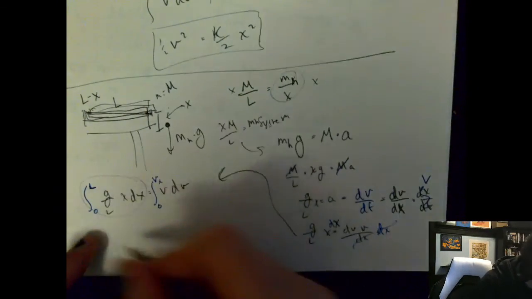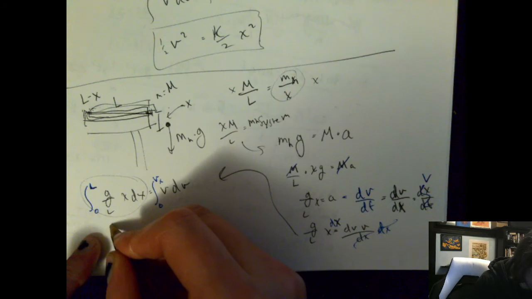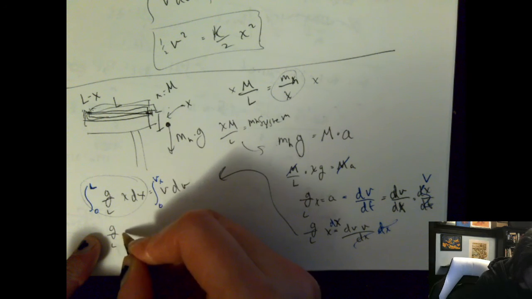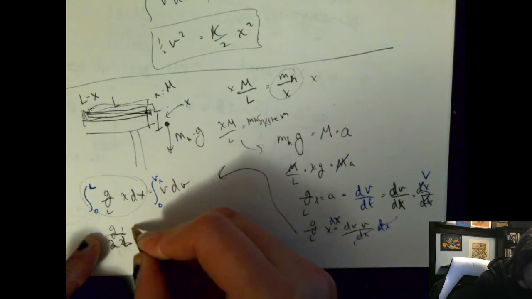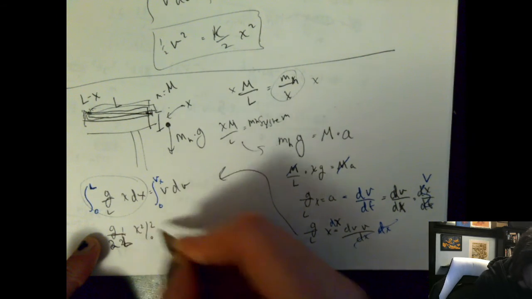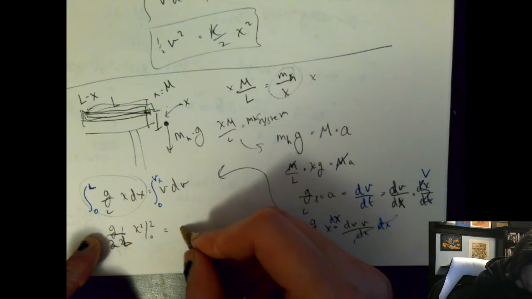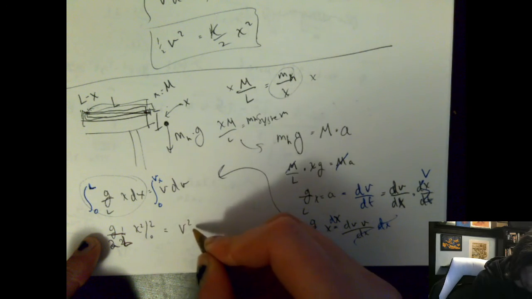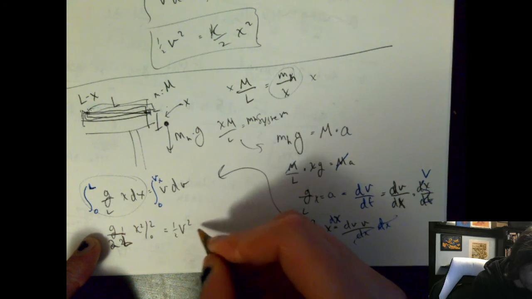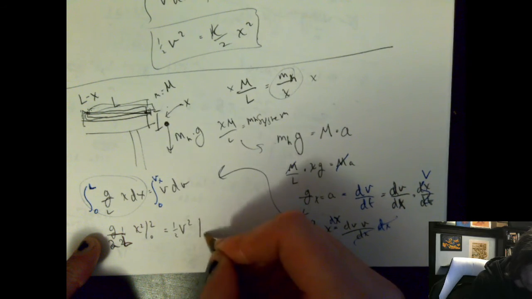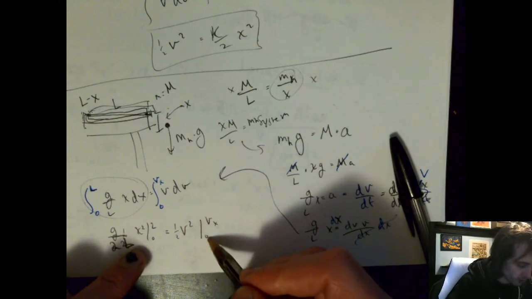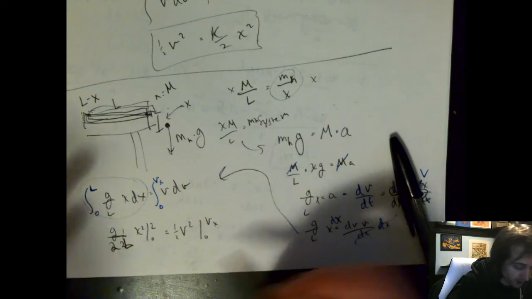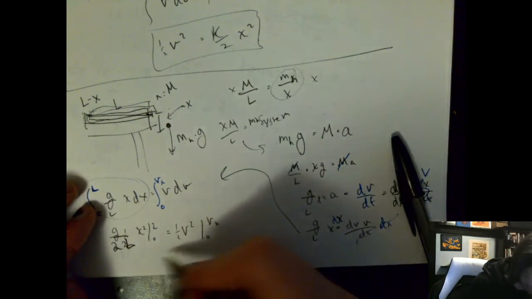Over here, what we'll get is that g over L times 1/2, so g over 2L, x squared evaluated from 0 to L. And over here, we'll get v squared times 1/2 evaluated from 0 to v final. Now the zeros on both of those are just going to be 0, thankfully, and we can just plug in the L here.